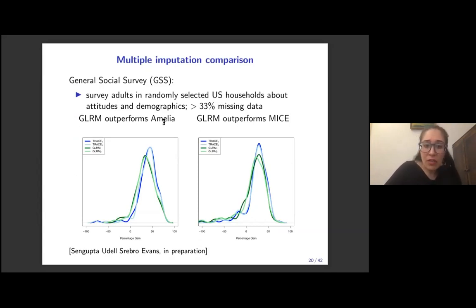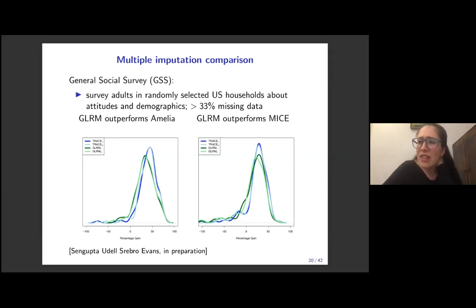Okay, so if we compare this to Amelia, we're going to compare the error in these imputations to the error in Amelia's imputations over several different versions of a generalized low rank model, and on average they outperform it by a substantial margin. And then ditto for mice. I think mice is doing a little bit better here than Amelia, but not a lot.